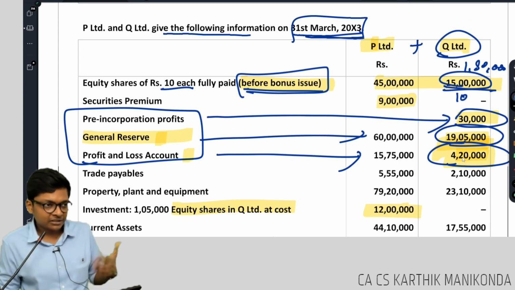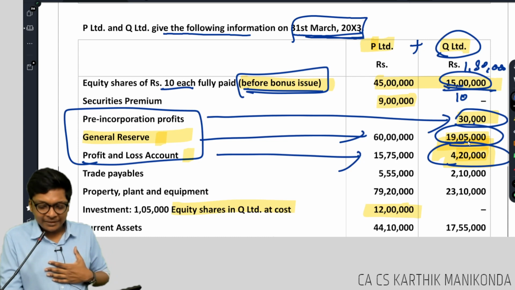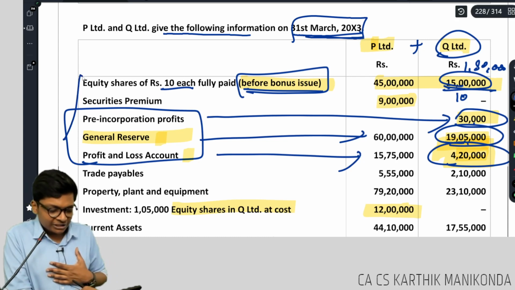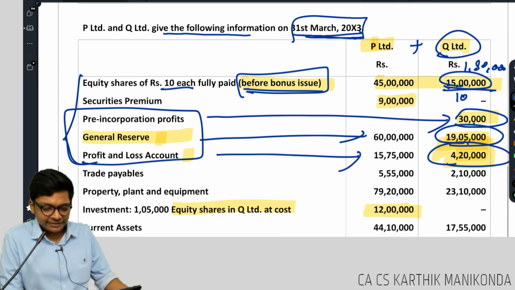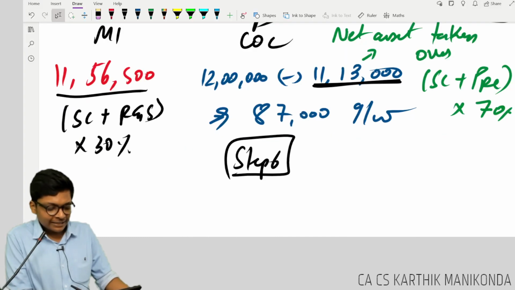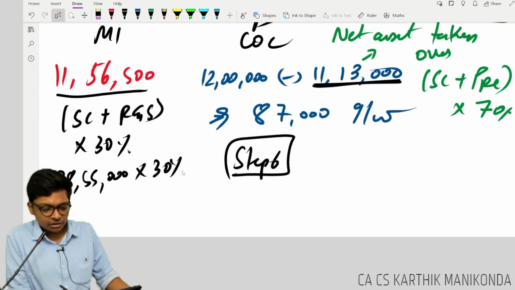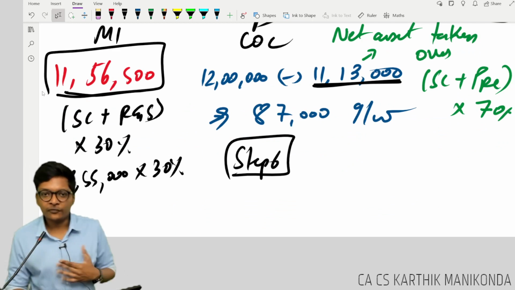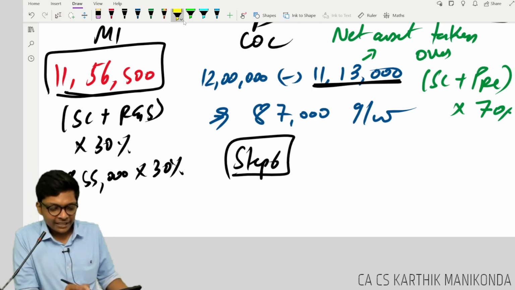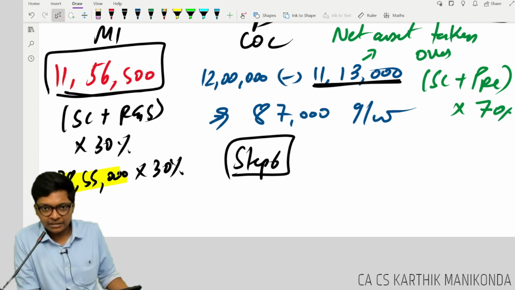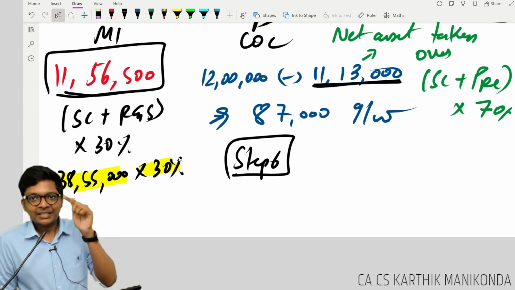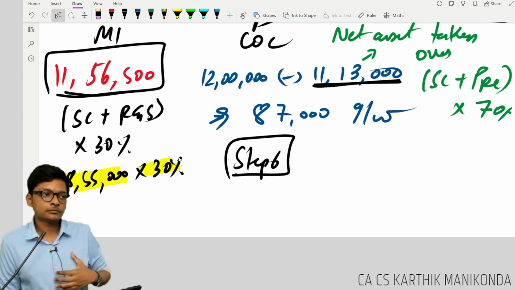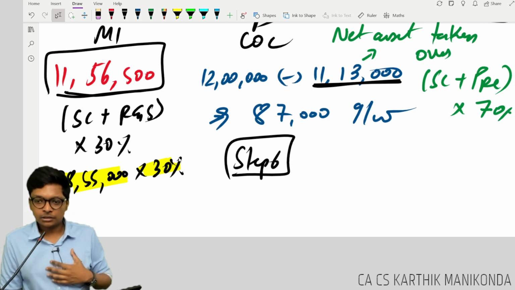Basically, I am adding all the shareholders' funds. How much are you getting, guys? 38 lakh 55,000 into 30% is how much? 11 lakh 56,500. Are you following, guys? So, how would the book have done it? They would have taken total share capital and reserves into 30%. This I have already shown you in the previous sum. Are you understanding, guys? Clear?